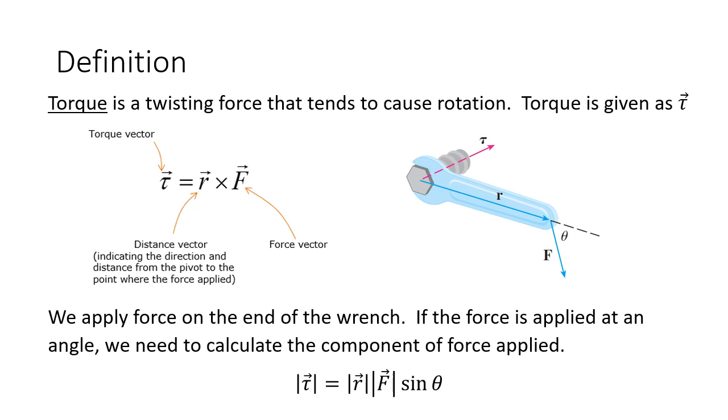And we can calculate the magnitude of the torque by using that formula we had before, right? The magnitude of torque is going to be the magnitude of the cross product that defines it, and there's our formula.